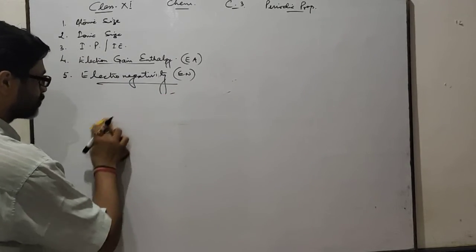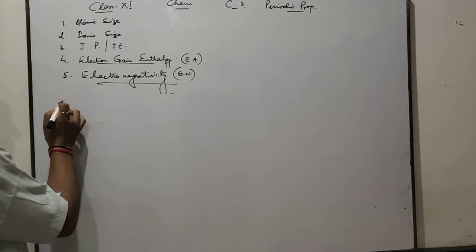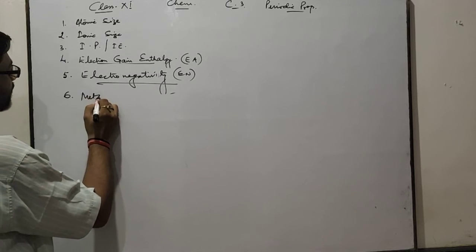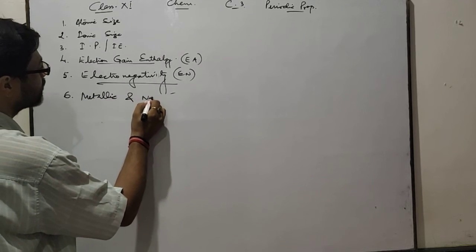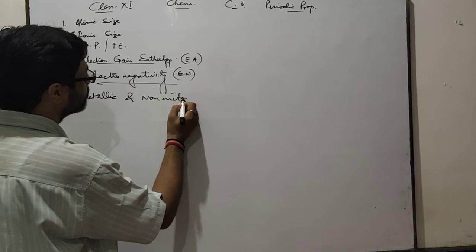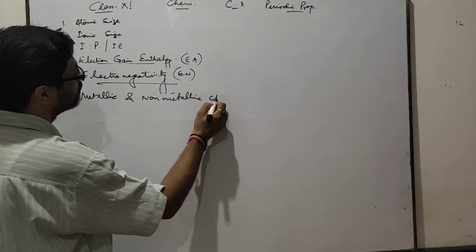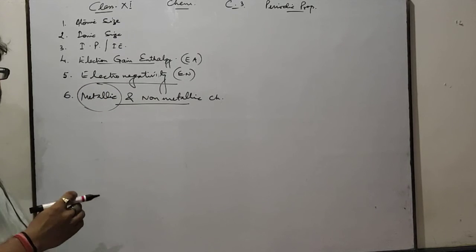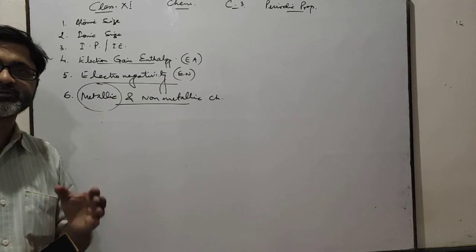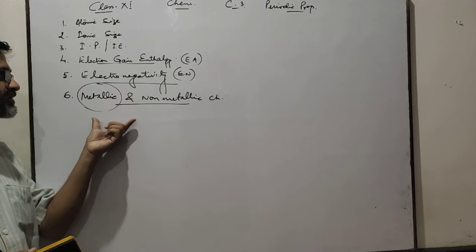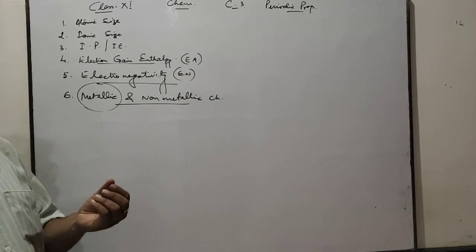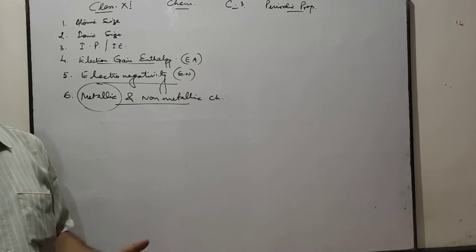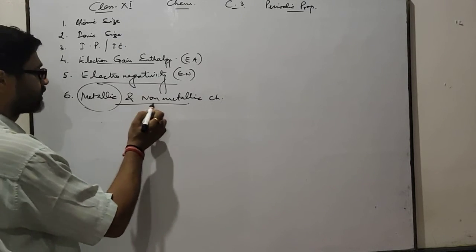Now I am going to discuss the sixth property, that is metallic and non-metallic character. What are metals? Those elements which have a tendency to lose electrons are called metals. What are non-metals? You know that those elements which have a tendency to gain electrons are called non-metals.